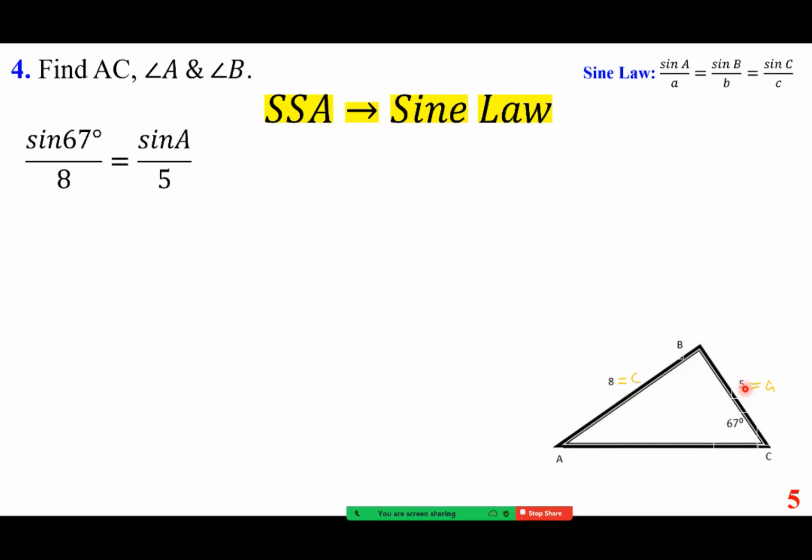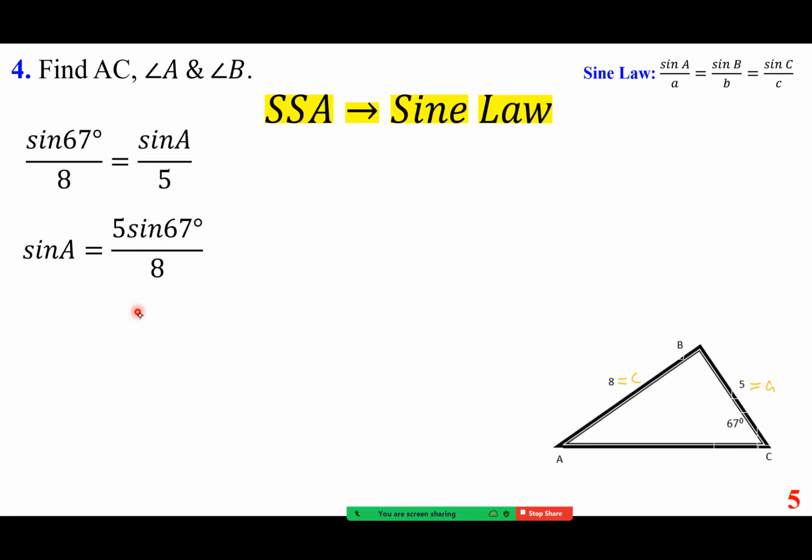And therefore, sine A is the product of these two divided by 8. That's a cross product. By now, we've done it many times. You should have no problem with that. So sine A is 5 times sine 67 over 8. You use a calculator at this point.